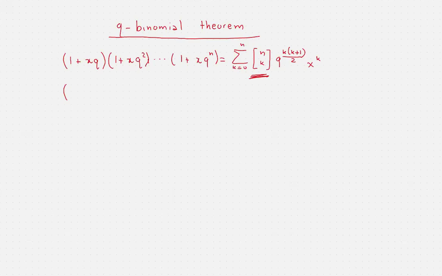You will have (1 + x)(1 + xq) and so on, up to (1 + xq^(n-1)). That's equal to the sum from k equals 0 to n of the square bracket n over k, times q^(k(k-1)/2) times x^k.